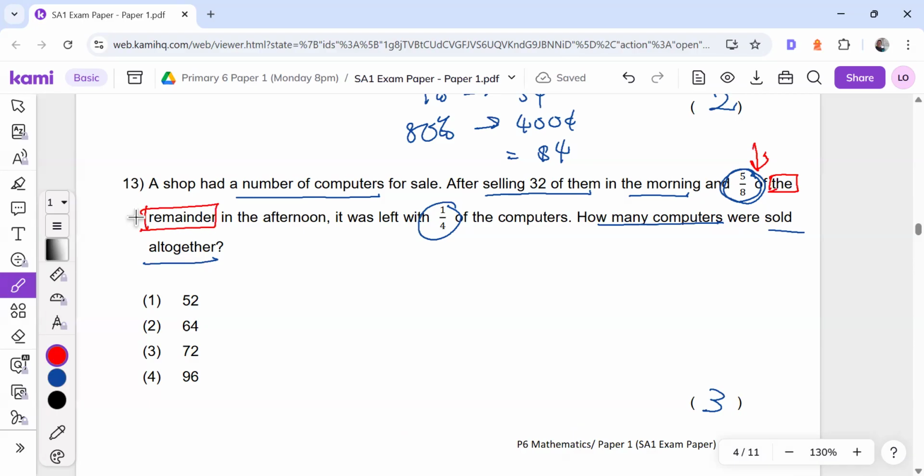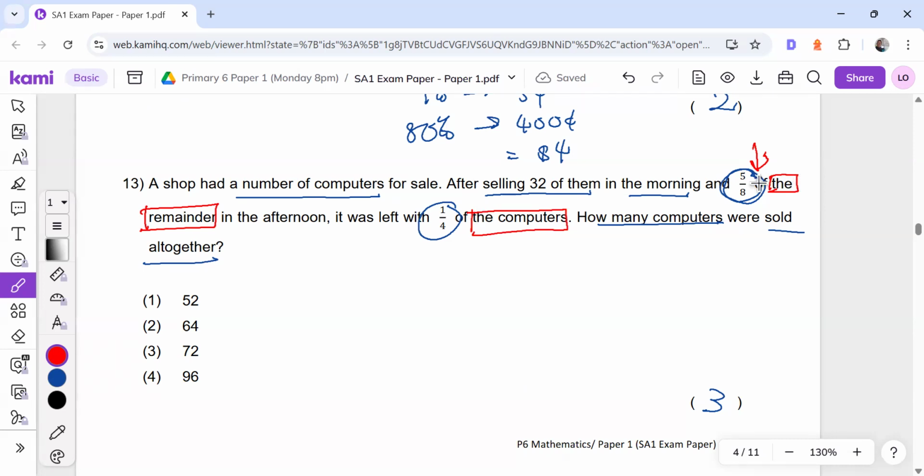Aubrey, what is 1/4 talking about? The computers. The computers means all the computers. Next one, Ruel, are the two fractions talking about the same thing? No, right?